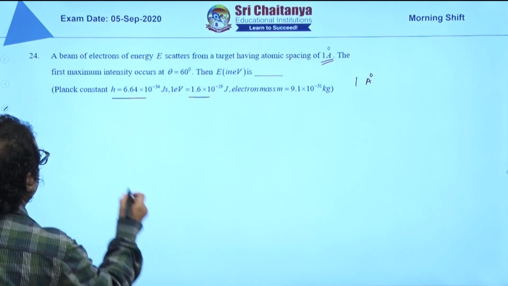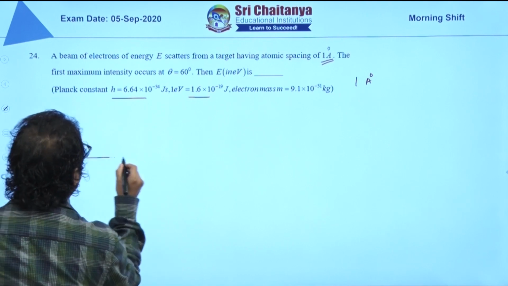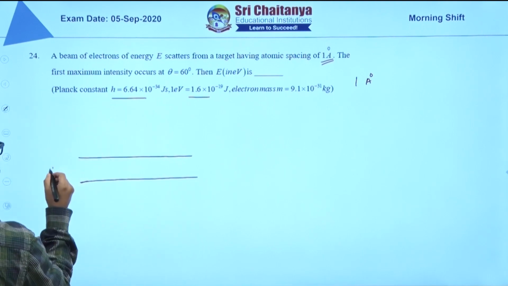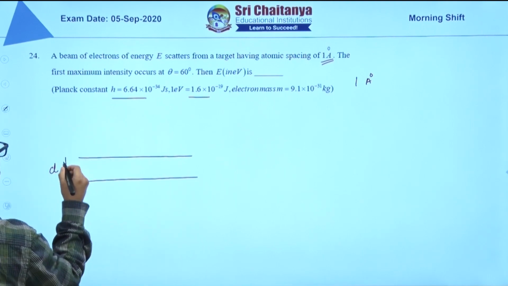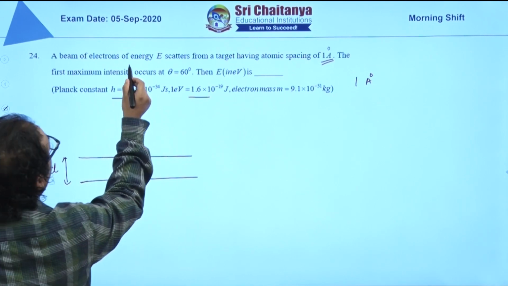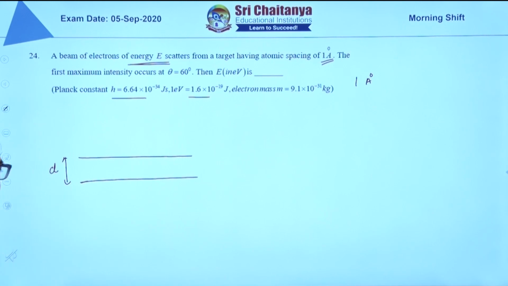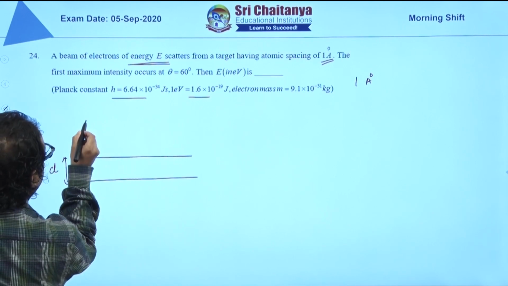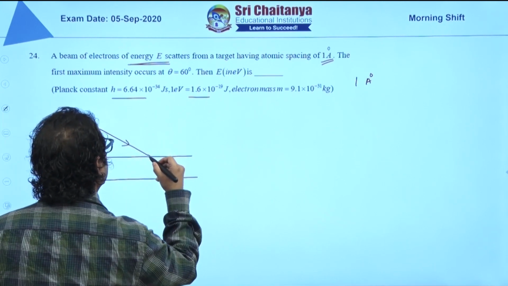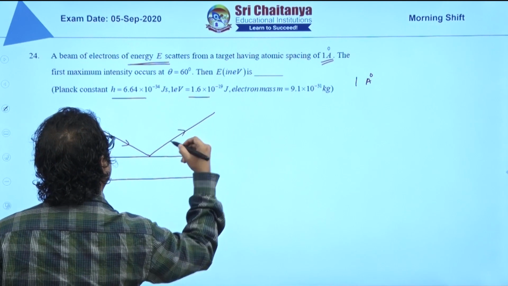So, here basically let us say these are two spacings, that value is given as d. Now, electron we can consider to be a wave, then only we are getting maximum and minimum. Let us say it is going like this, then it is going like this further.